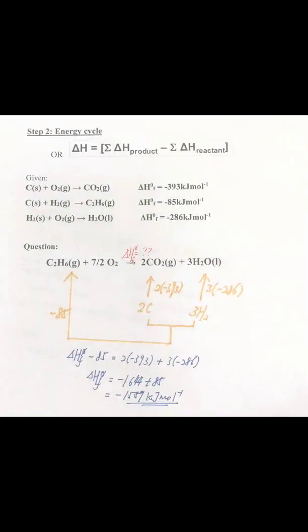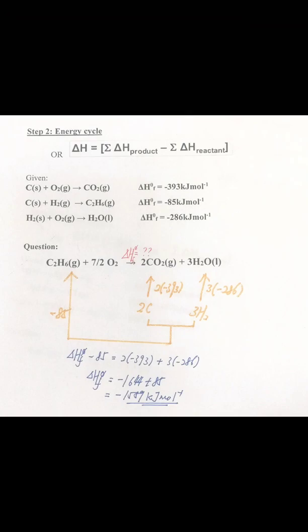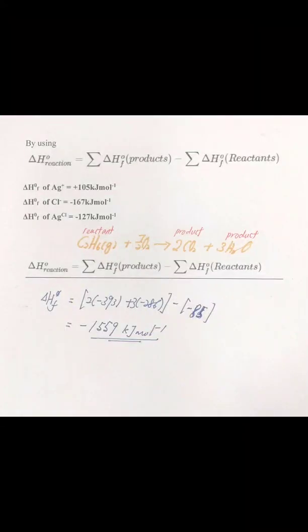Lastly, we use the energy cycle to determine the standard enthalpy change of the reaction. The answer should be -1559 kJ per mole. Other than using the energy cycle, we can use this formula to calculate the standard enthalpy change of the reaction. If we use this method, that means we no need to write down the thermochemical equations.